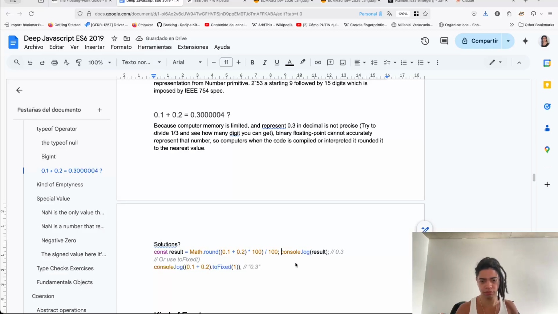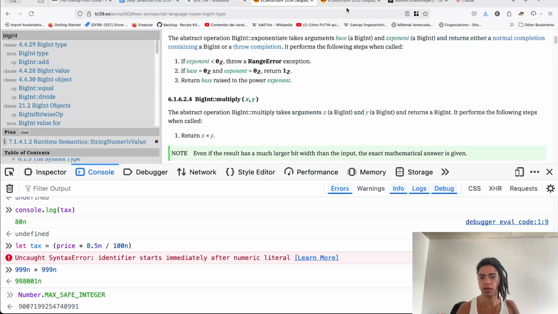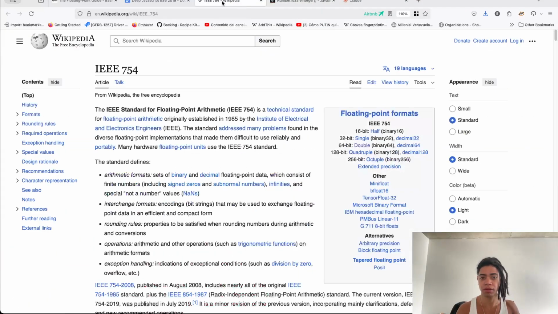Something like this. So yeah, we now demystified something there, right?